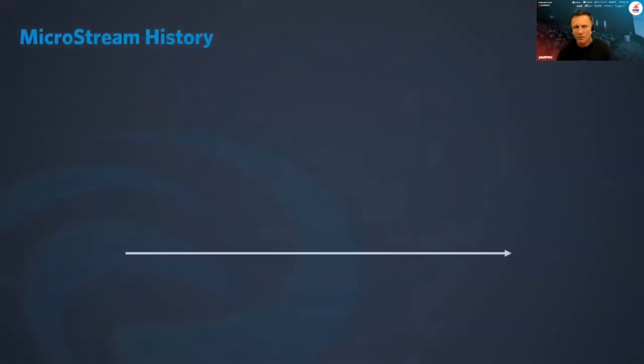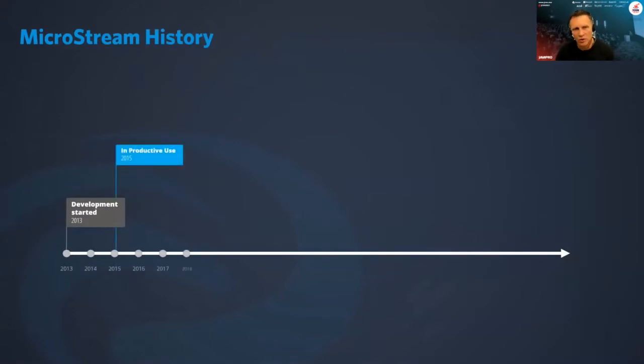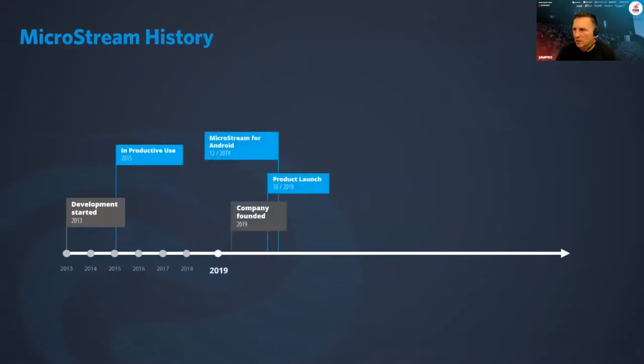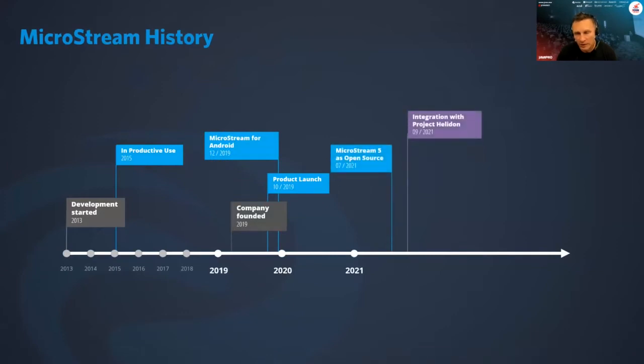But with MicroStream, we solved all these issues and built a game changer. The MicroStream project started in 2013. Even 2 years later, we used it in production for the first time in a business critical project.